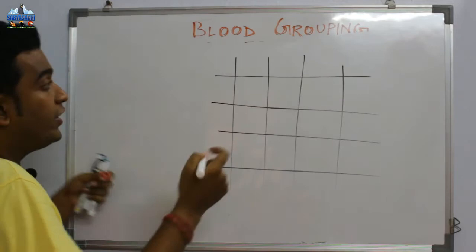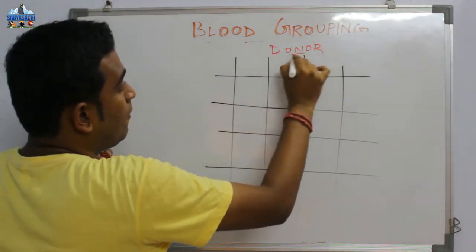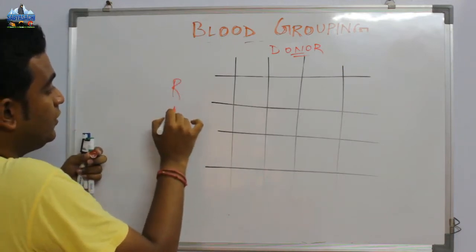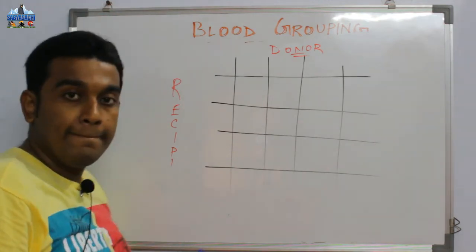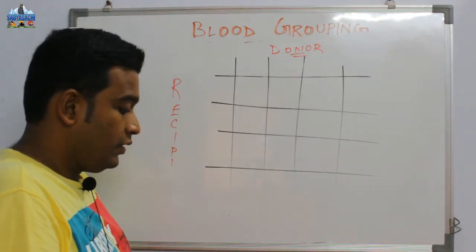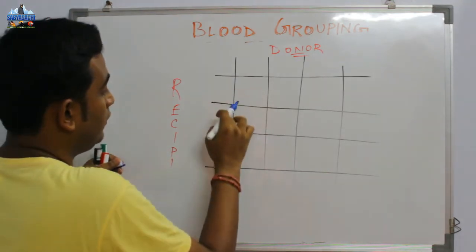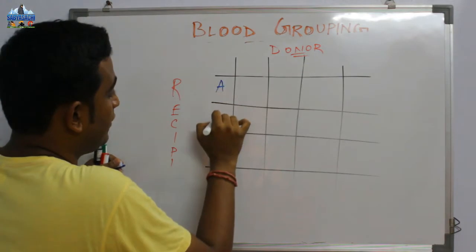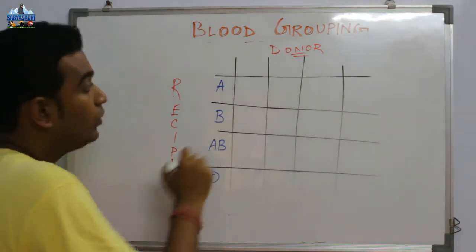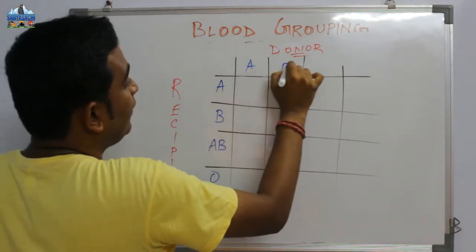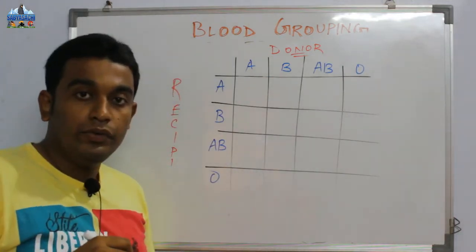So let's write it here, donor, and say this is your recipient. Right? Let's write the blood group here. A, B, AB, O, A, B, AB, O. Right?